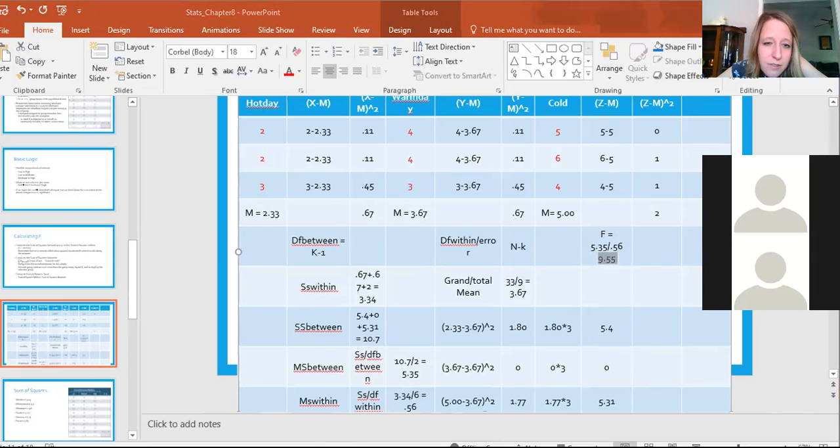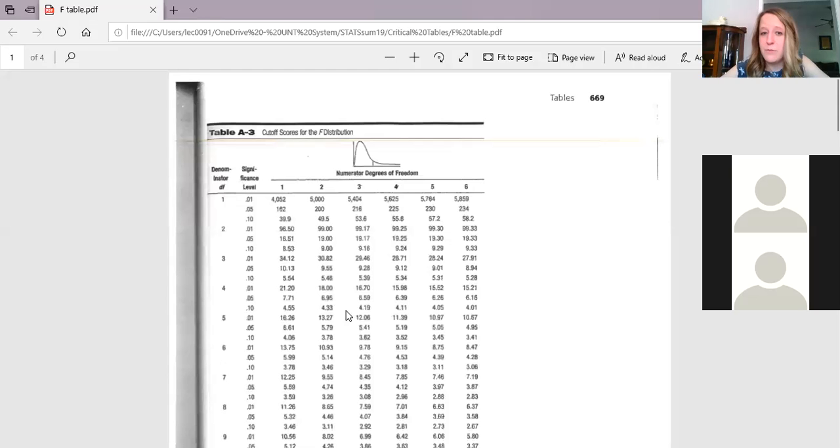It's our F table that we're using, and we already have our degrees of freedom of 2 and 6.